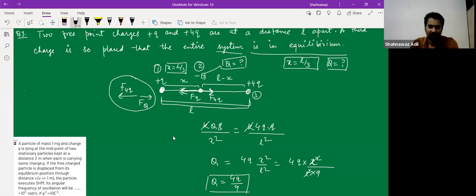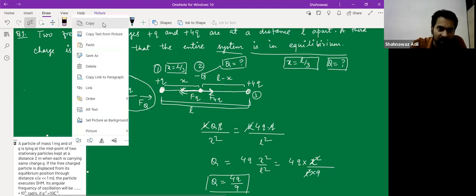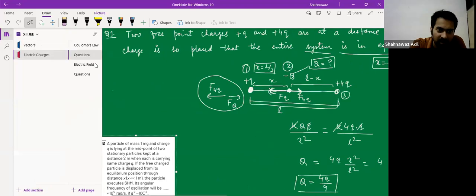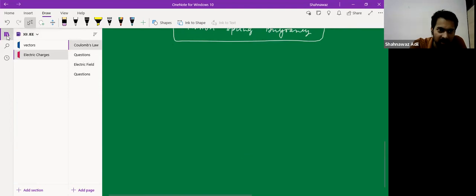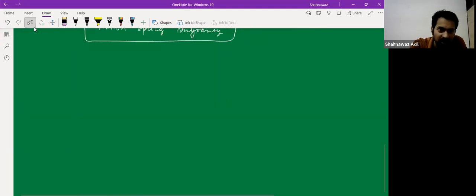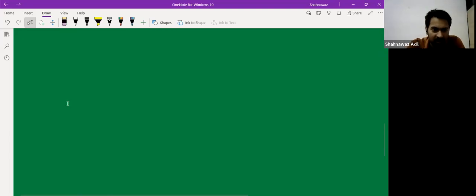Yes, so let's tweak this question a little bit. And everybody knows about Hooke's law, right? Okay, let me put this question in here.